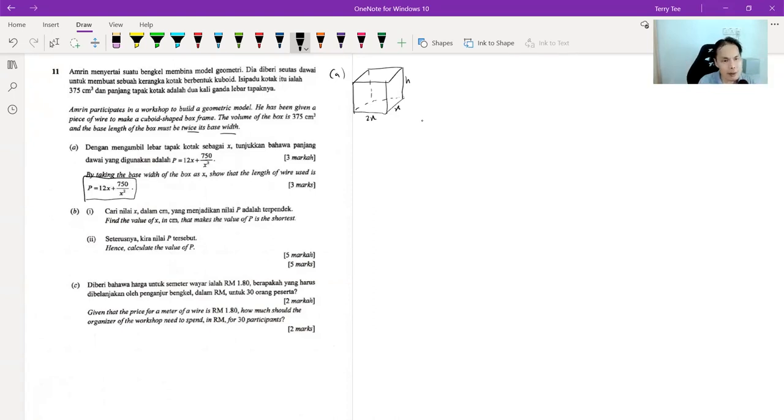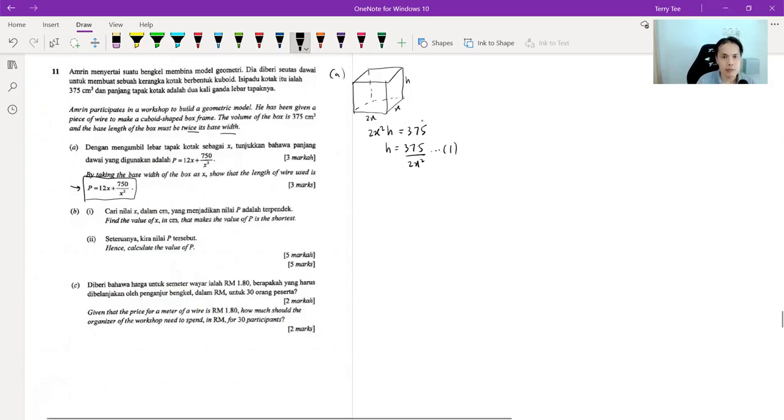I think we can start off with the volume equation, and we know our final answer has no h. So volume is length, breadth, height is 375. Since your final answer is in terms of x, there is no h. I need to make h the subject. That will be 375 over 2x squared, right? We make h the subject.